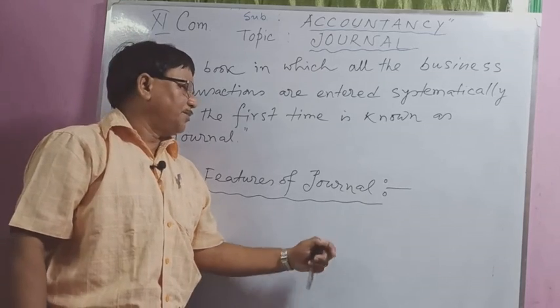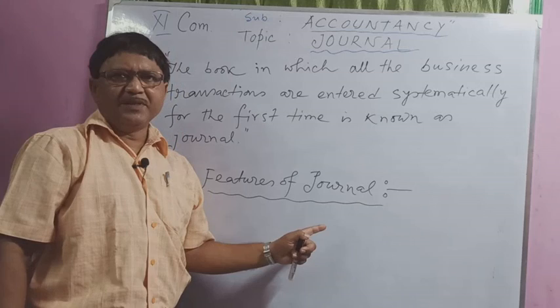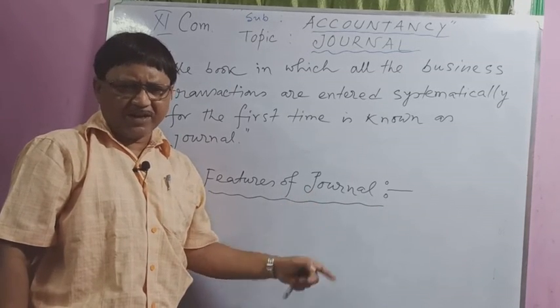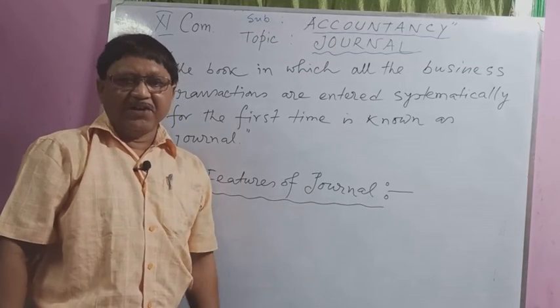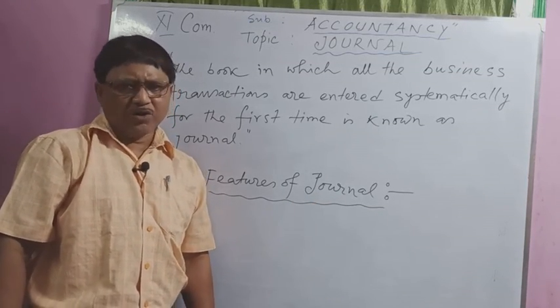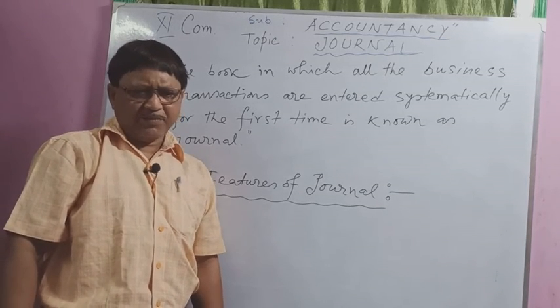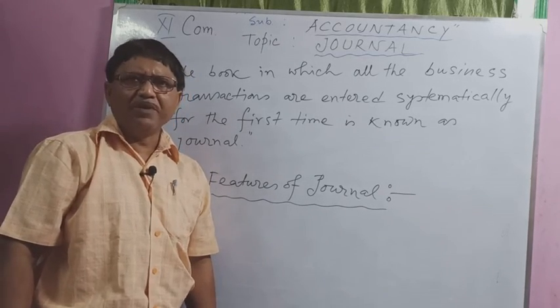Another feature is that daily transactions are recorded. Business is not only for one day, so every day's transactions are recorded. Also, a single journal entry may record more than one transaction. Such an entry is called a compound entry or mixed entry.